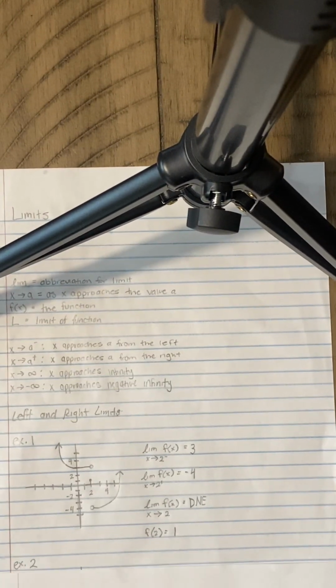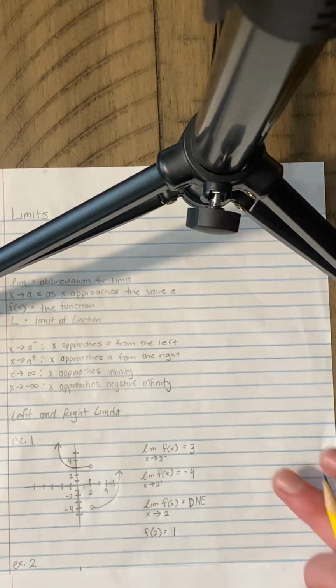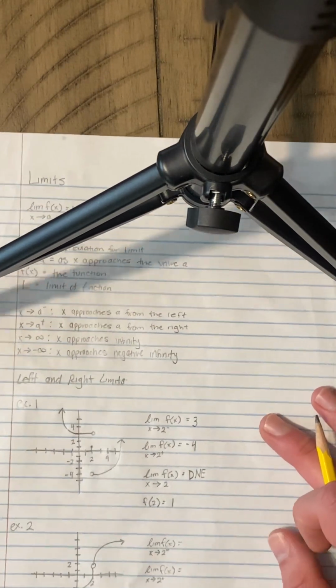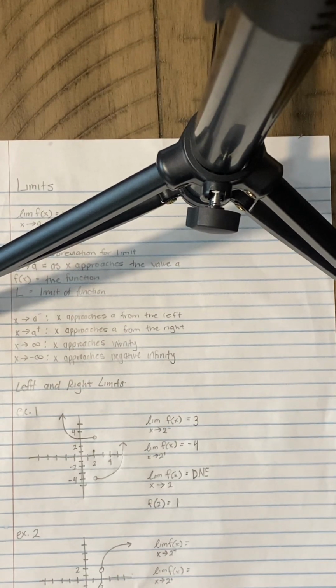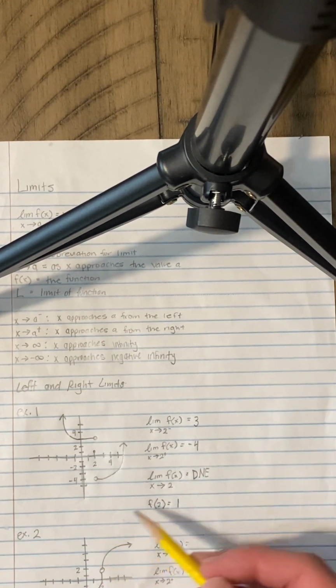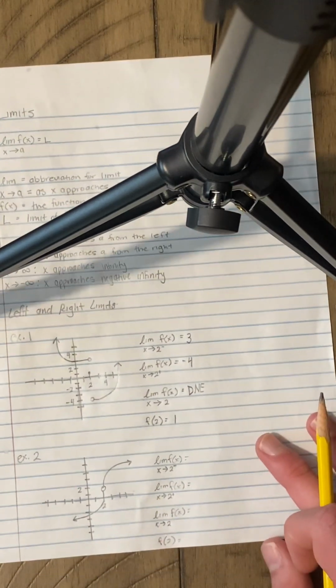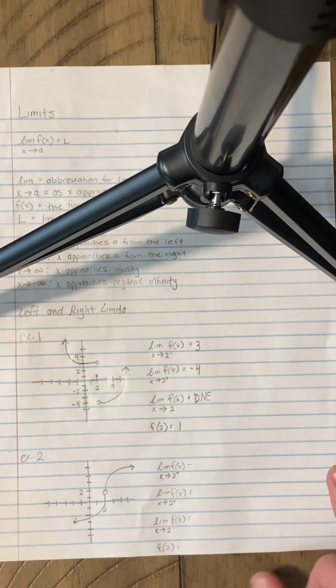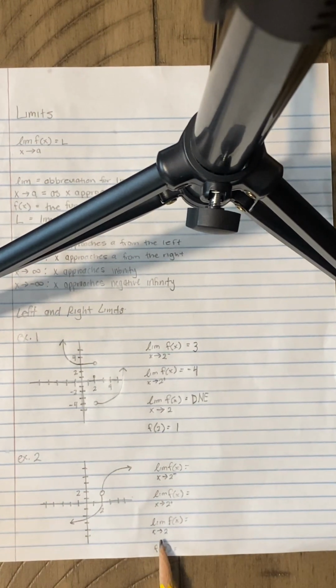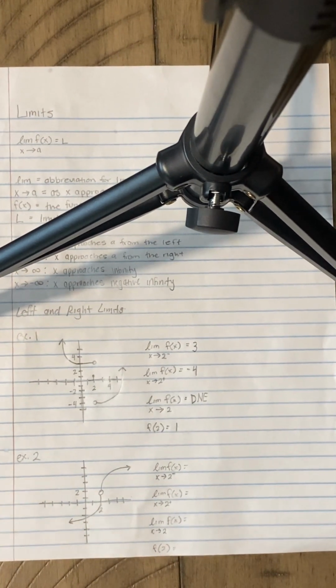So for the next example, we're going to look at another graph. Now this one looks quite different, as we can already see that the graph is connected, and so we can already assume that the limit as x approaches 2 is going to exist.